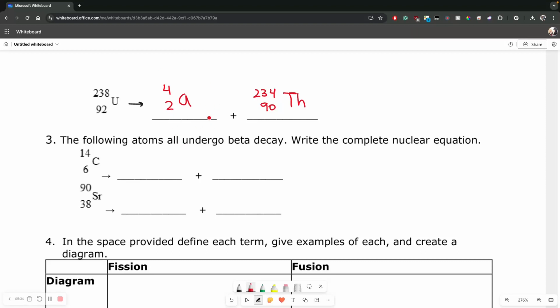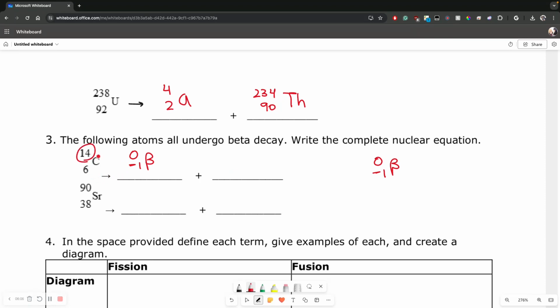So question 3 says these atoms all undergo beta decay. If we remember what beta decay is, it's going to be 0, negative 1, and then that fancy beta symbol. Of course the arrow is in the same spot for both, so the way to solve it is the same for both. In this case, 6 minus 1 means we need 6 plus 1, because this number has to be 1 greater in order to get 6.